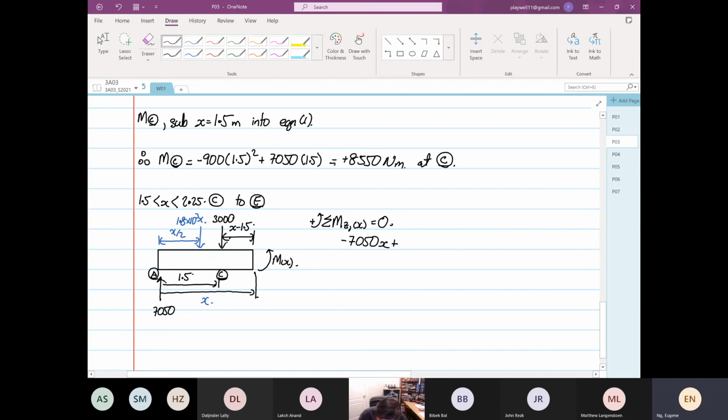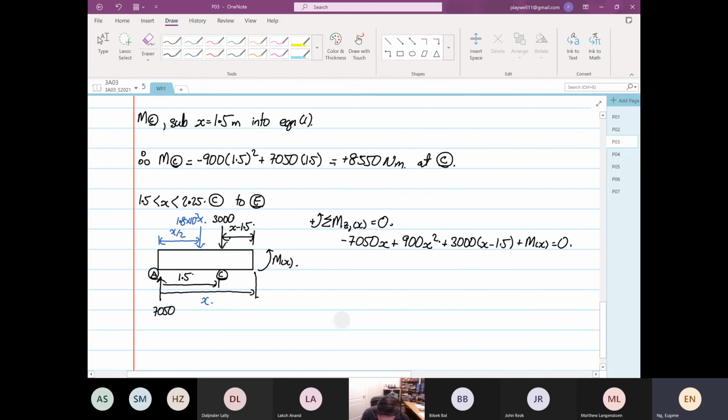Then plus 900 x squared, and then plus 3000 times (x minus 1.5). The whole thing will be equal to 0. Oh no, got one more: plus M as a function of x.